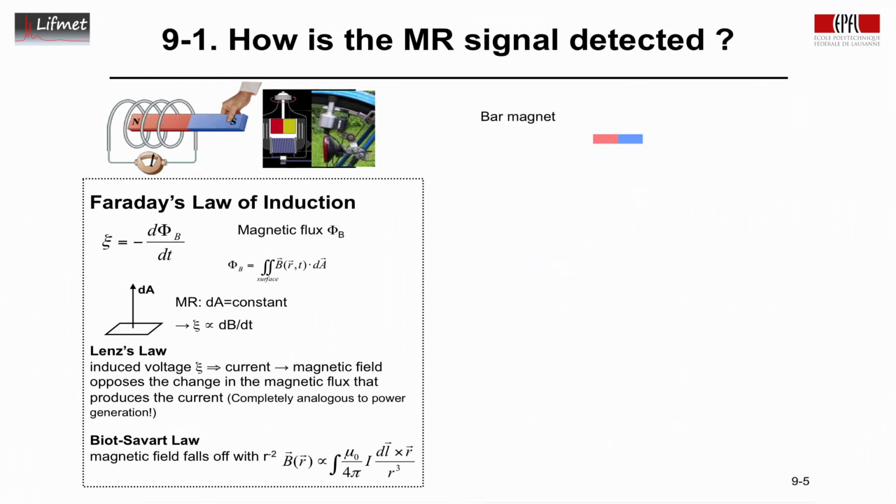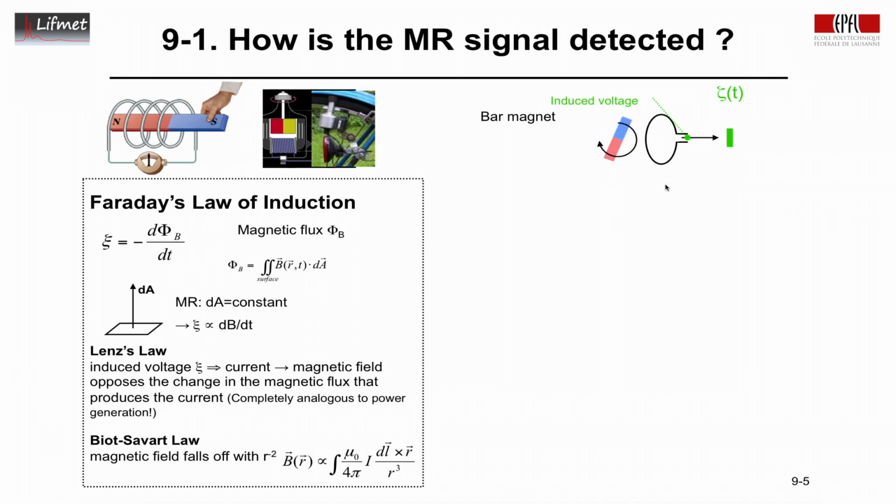And so if we take the situation here, we'll take a macroscopic bar magnet. We have a coil that picks up the change in magnetic flux and converts it to an EMF. And now we will look at the induced voltage in this coil. The induced voltage here is illustrated with this bar, the magnitude.